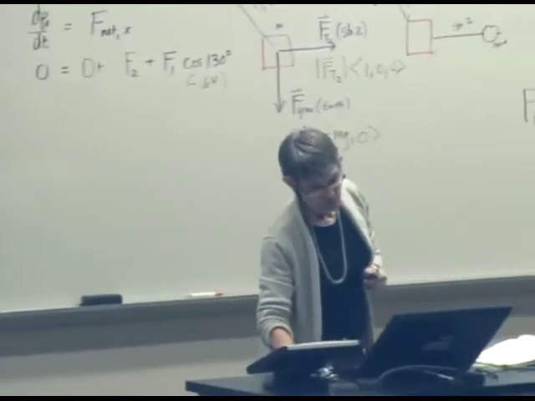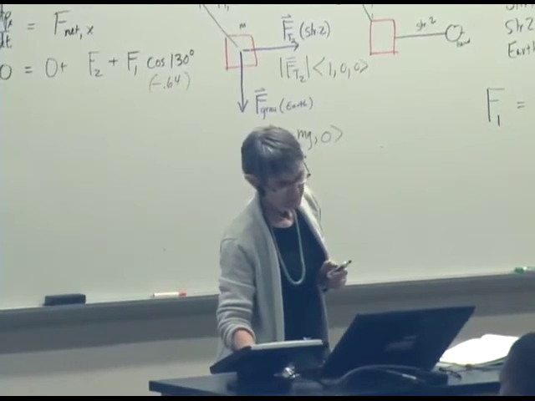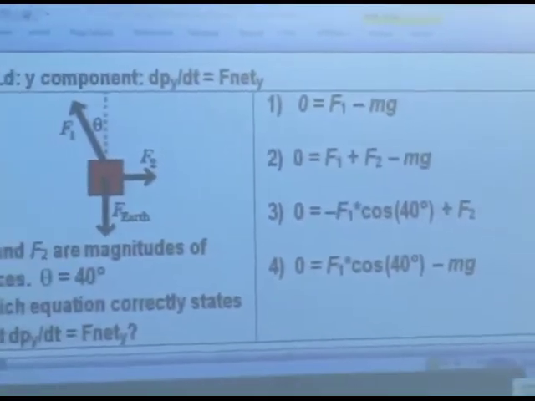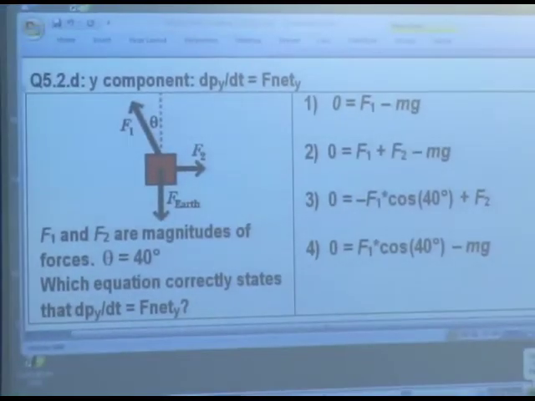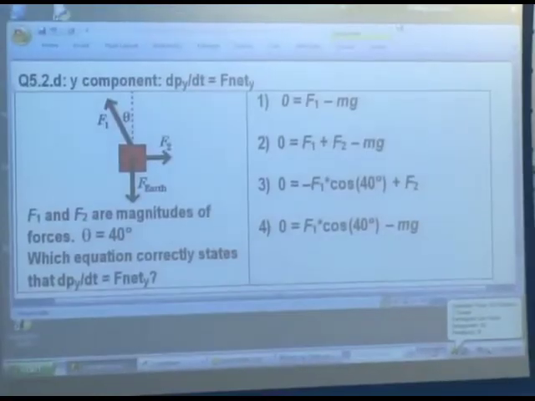So let's write the other equation, which of course is the y equation. Okay, so which is it? We want dpy/dt is F net y, 0 equals... and again, looks like you said 4.